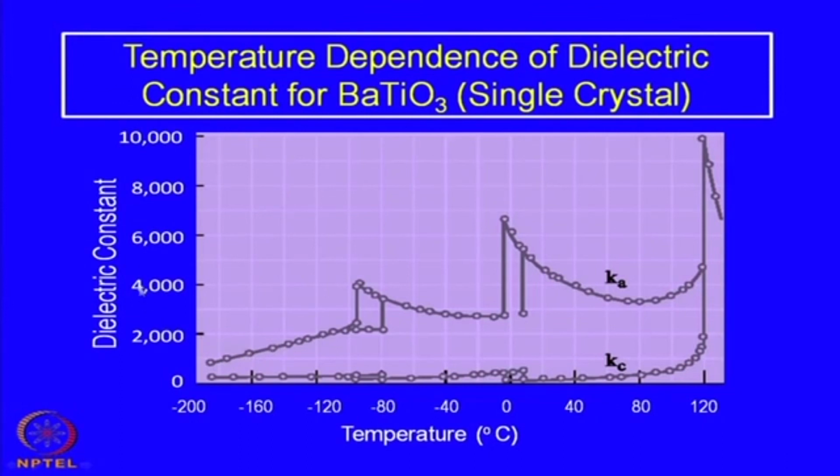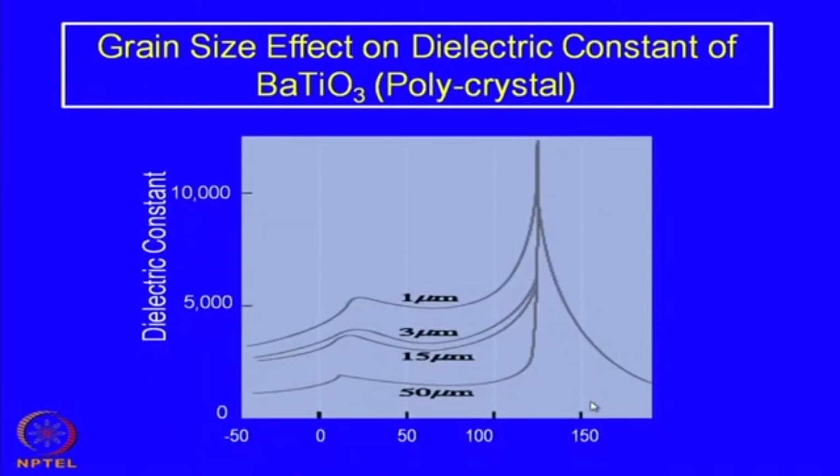So, this is the variation of dielectric constant as a function of temperature, and that is associated with polymorphic transformations at different values of temperature. This is for single crystals and the peaks are quite sharp here, whereas if you go to a polycrystalline material, which is the most common material used in industry, these are not so sharp; there are little blunt peaks compared to the single crystal form.